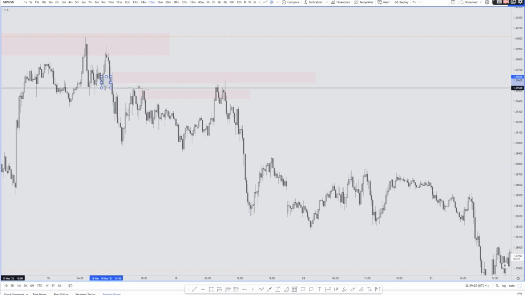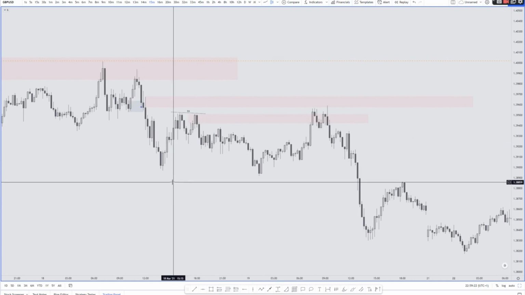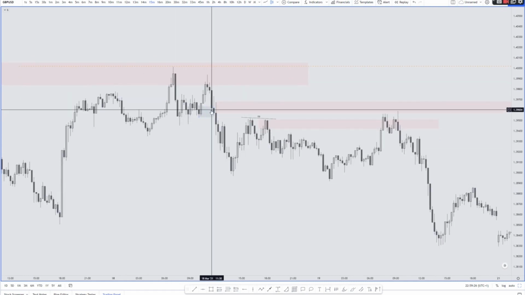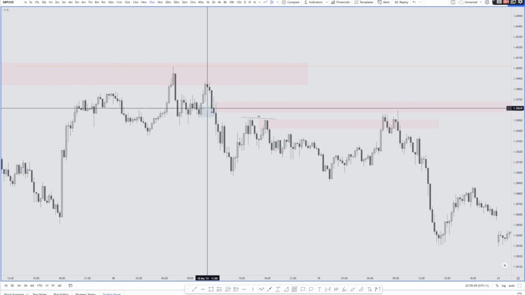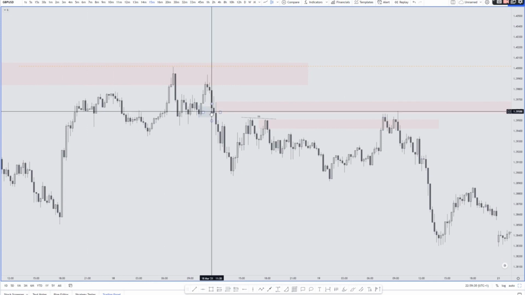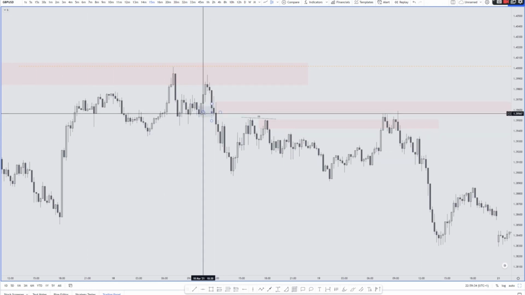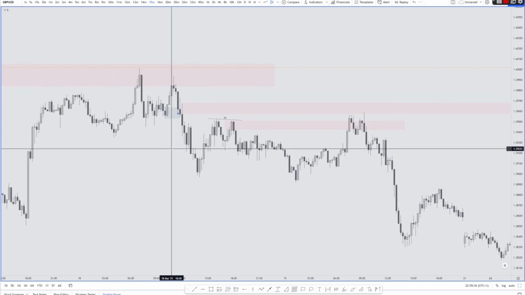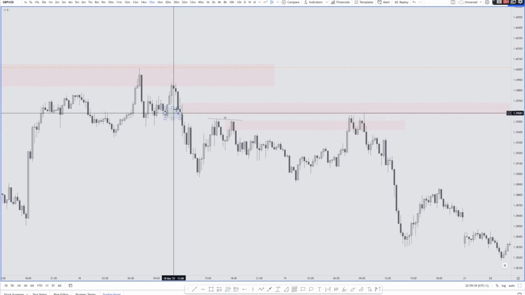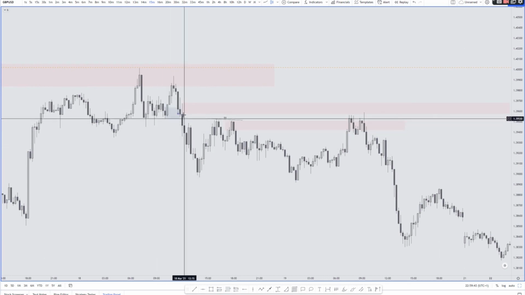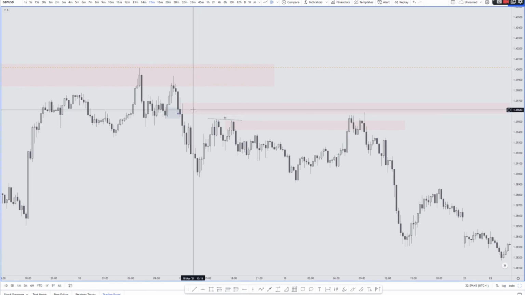If you look at the way this formed, we have a bit of a rejection. We can tell this by the candle body closing up above and leaving a wick, which means on a different time frame there will be a candle that reacted to this demand and went up. Now the point of contact that actually took out the reaction point and caused this demand to fail was likely something in this wick.